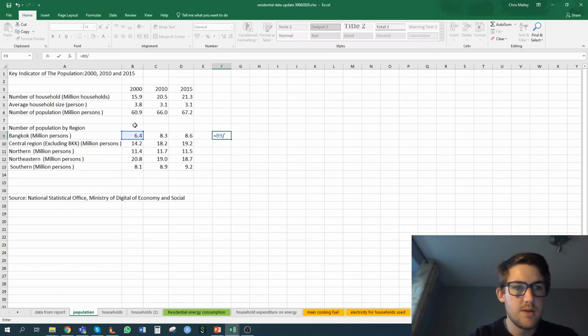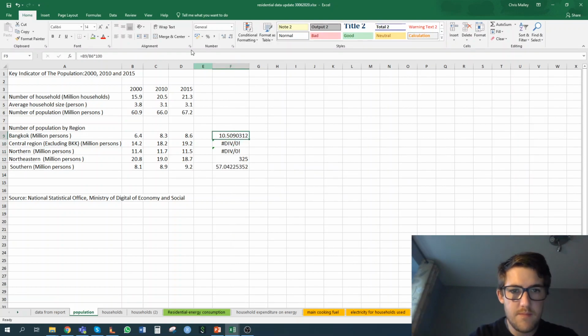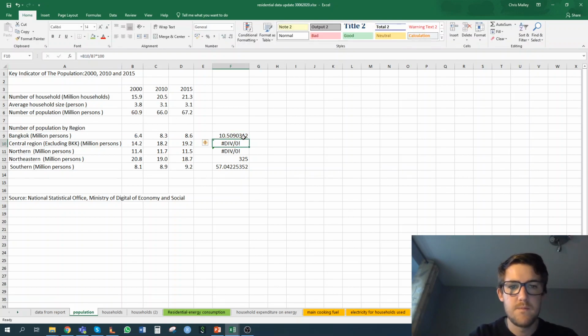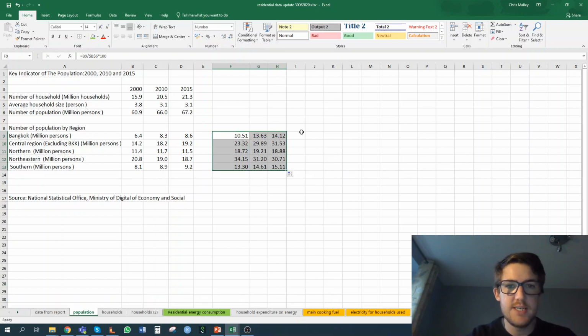This value divided by the total population times 100 to get it into a percentage. So now I've got my total population in each of these regions as a percentage.